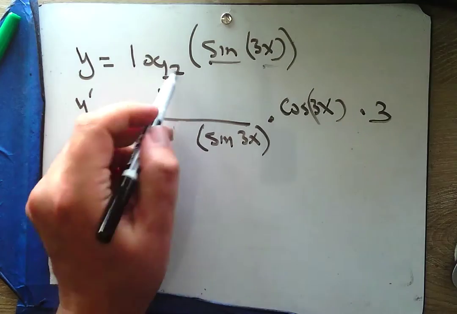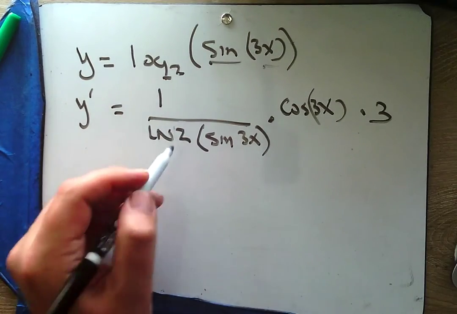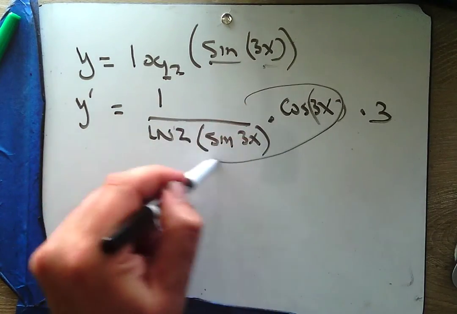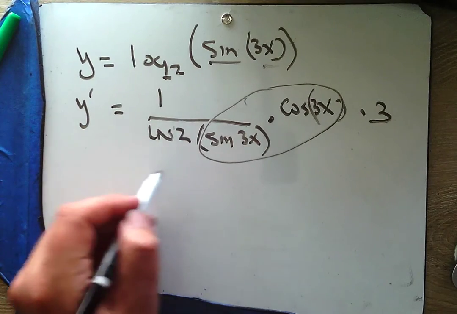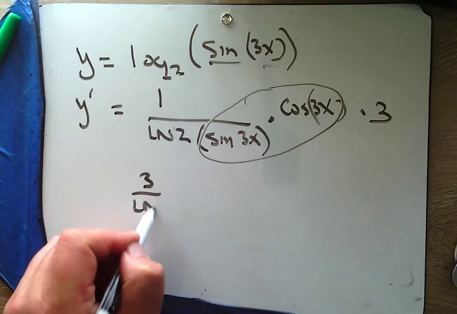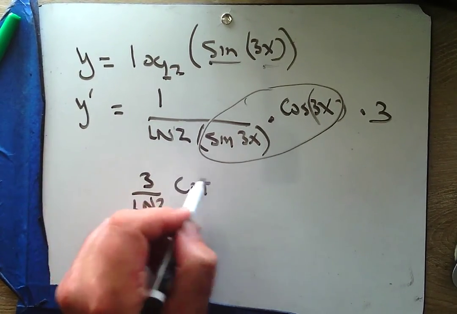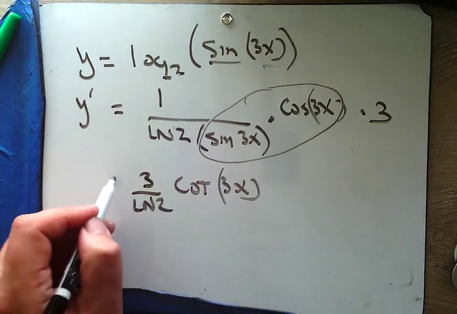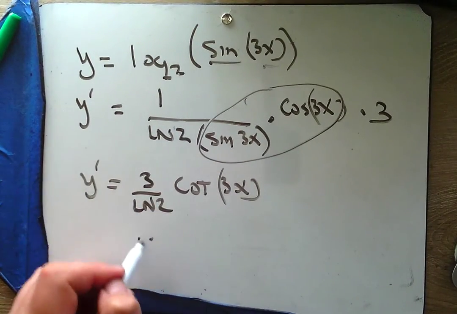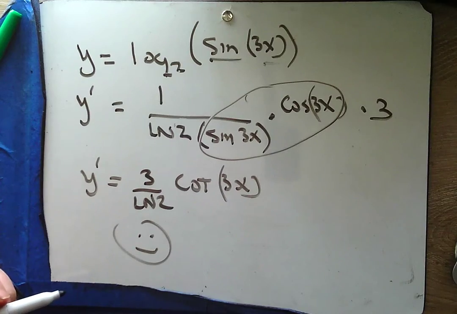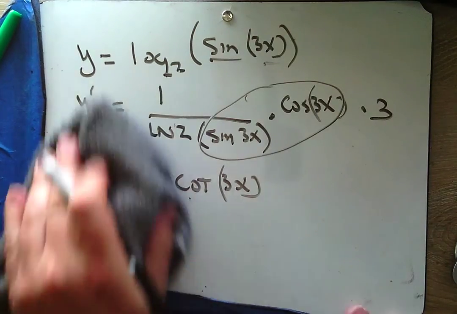And that's not a b, that's a 2. So we've got cosine over sine. So how about 3 over ln of 2 cotangent 3x. All right. Yeah, don't forget your derivatives of logs and exponentials, please.